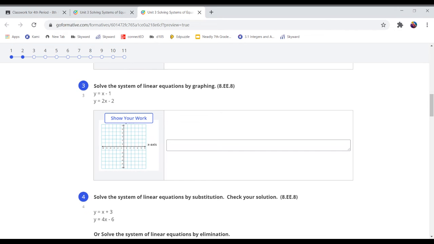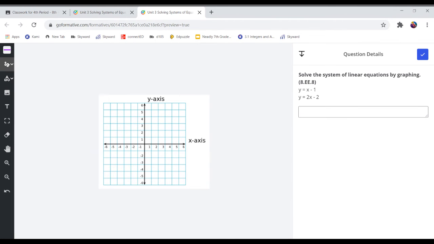Number 3, solve the system of linear equations by graphing y equals x minus 1. Well, I'm going to start by putting a 1 in front and adding and making it a -1. I'm going to rewrite that because that is quite sloppy. Y equals 1x plus -1. That makes it easier for me to see that my slope is 1, which is 1 divided by 1, so I'm going up 1 to the right 1.